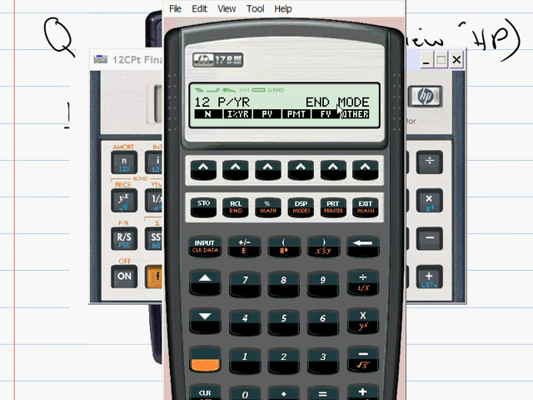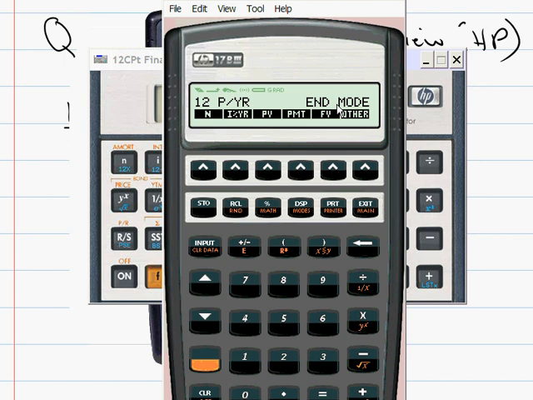And also, it's currently in end mode, meaning any cash flows that you're entering into the calculator, the calculator is assuming that they occur at the end of the period, whether the period's the end of the month, the end of the year, or the end of the quarter. It's assuming all cash flows come at the end of the period. And this is what I suggest you switch your calculator to and keep it on by default.